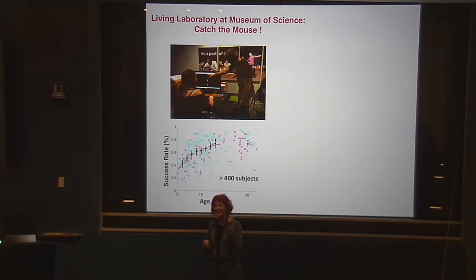So we collected more than 400 healthy people of all ages in a very reduced experiment, because we weren't allowed to engage them for longer than 15 minutes. They played all of our games, and the curves and success rates that we observed in all those games gave us a very nice, call it a tapestry of neurotypical performance.